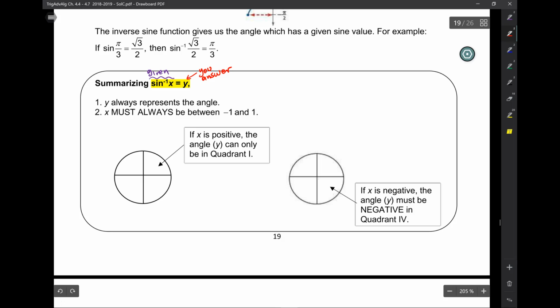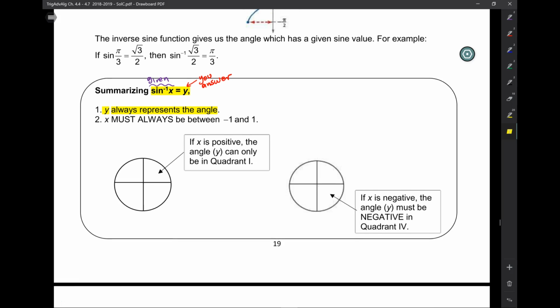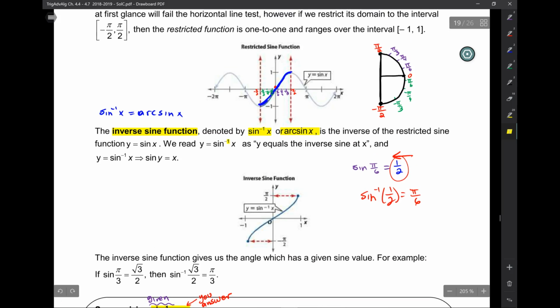Now, what is y? y is always the angle. It's one of these colorful ones. Always. So these are the values of y.